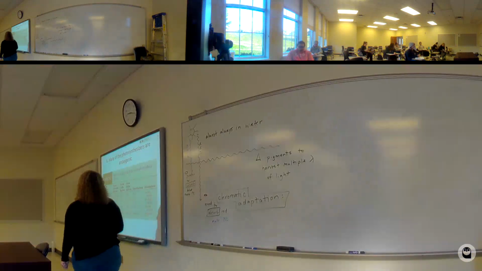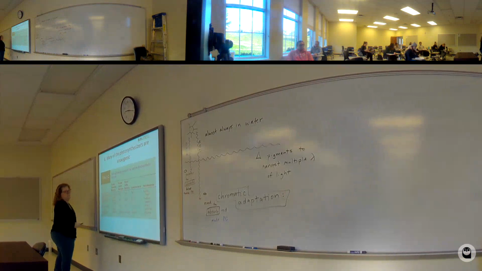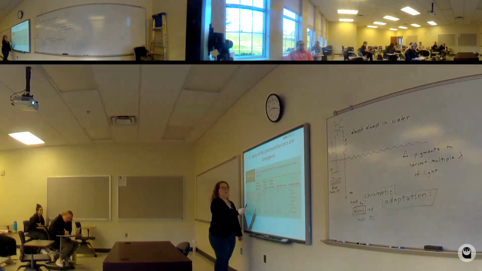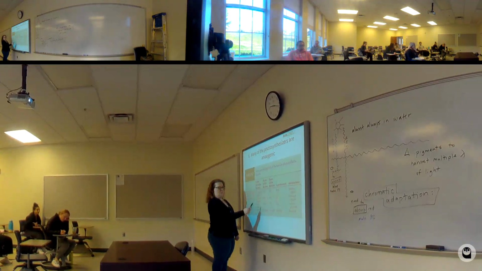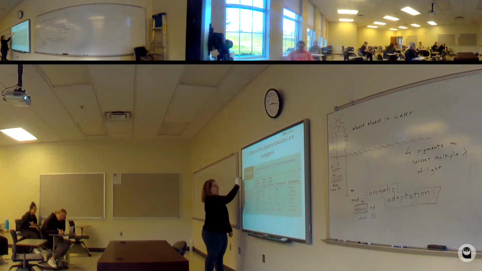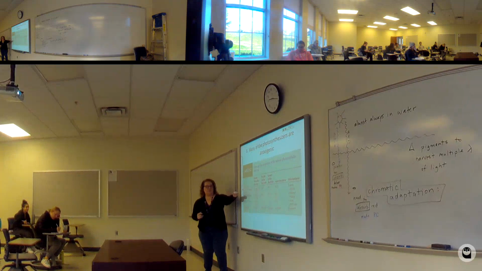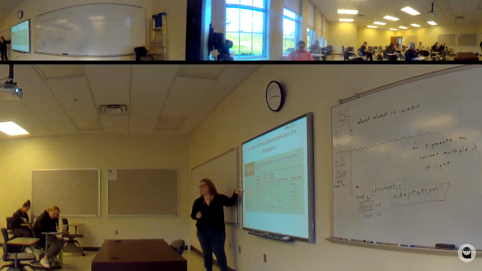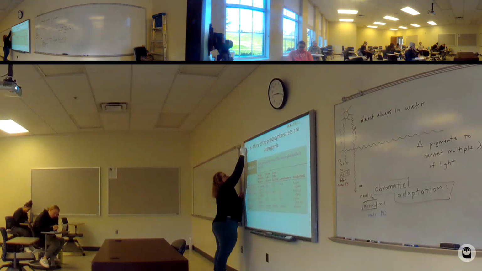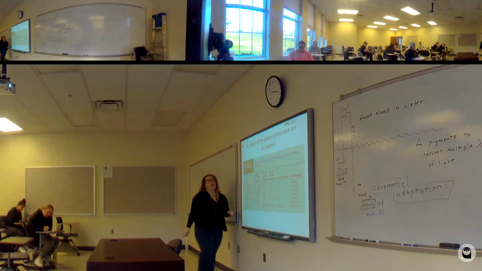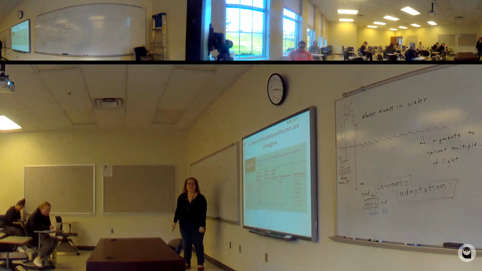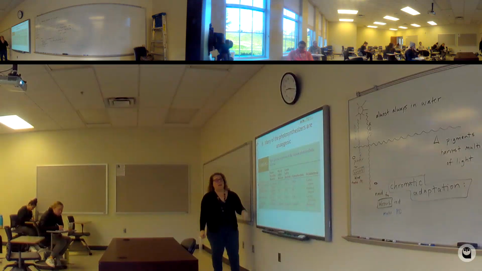Okay. So I'll start here. This is showing, in this first row, what is the source of reducing power? That's from the previous slide. Number 5, where do the replacement electrons come from?